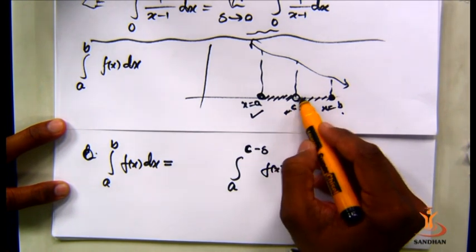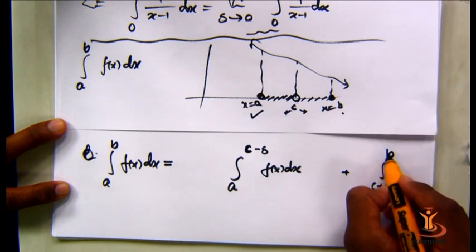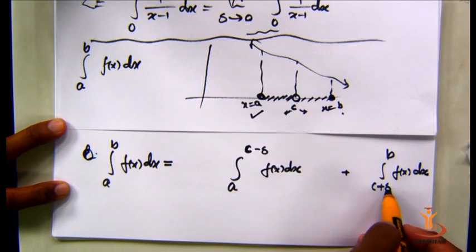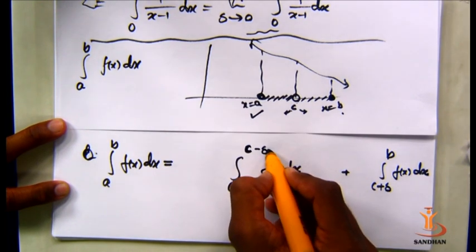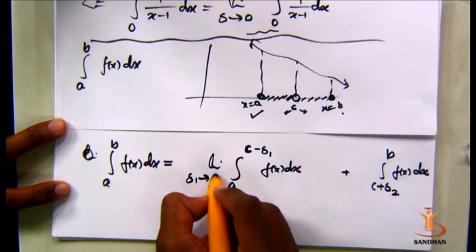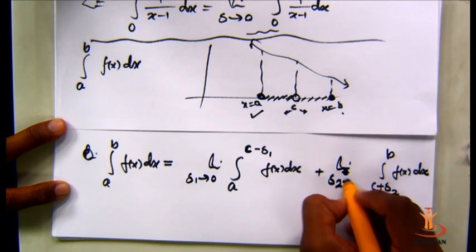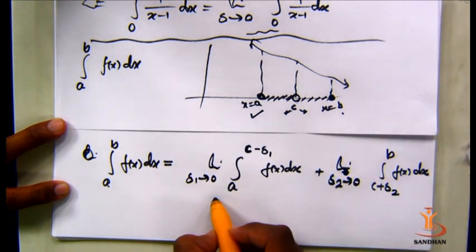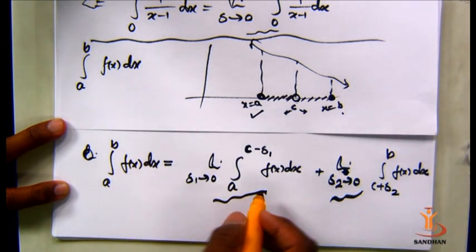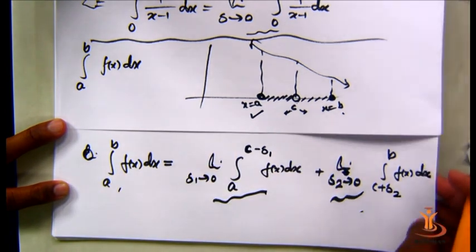Similarly, c plus something does mean c plus delta to b, at b the function is well defined, f(x) dx. As we have two deltas, let us consider delta 1 and delta 2, where delta 1 tends to 0 and similarly delta 2 tends to 0. This means proper integral plus proper integral. That is the way we can convert this improper integral into proper integrals.